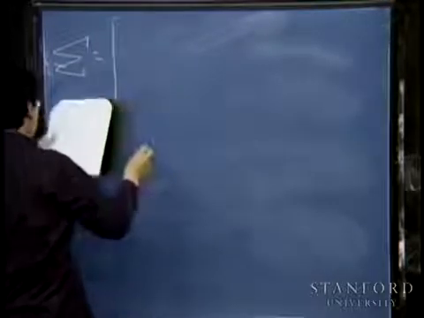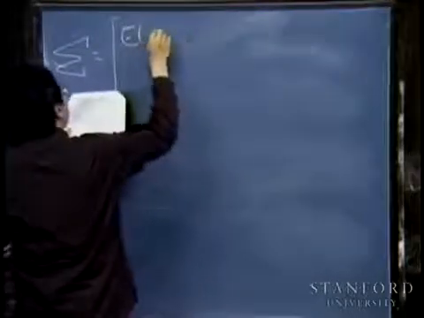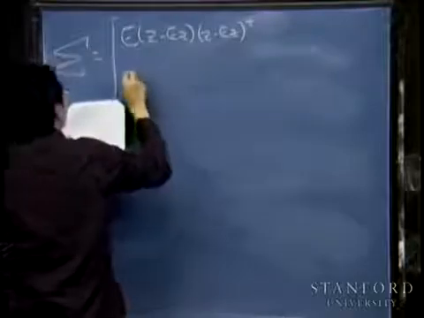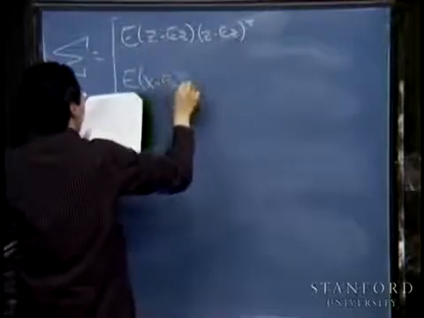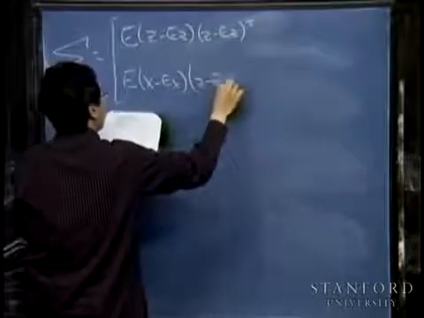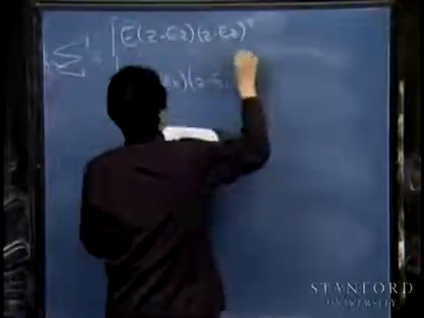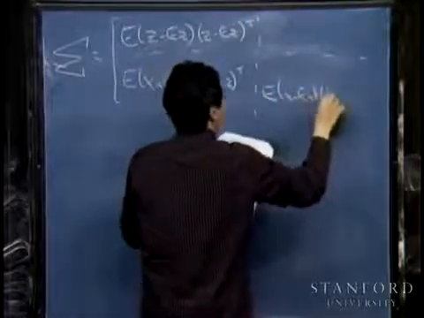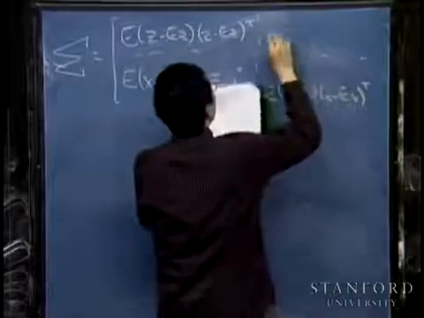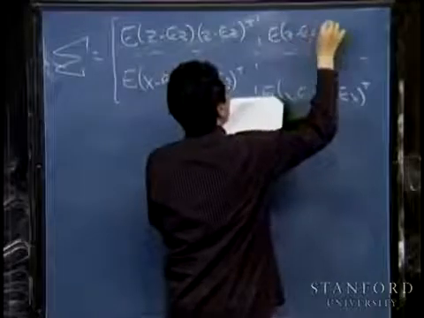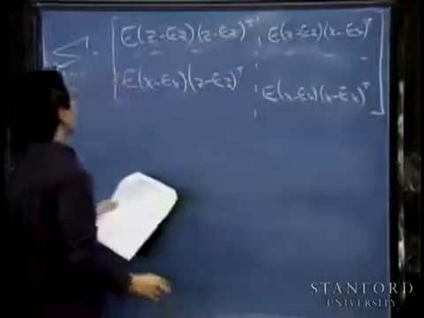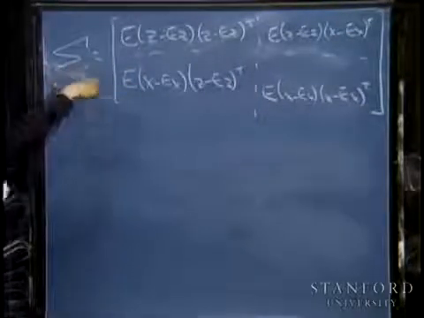If you work out the definition of a partitioned matrix, the covariance matrix sigma will comprise 4 blocks like that.